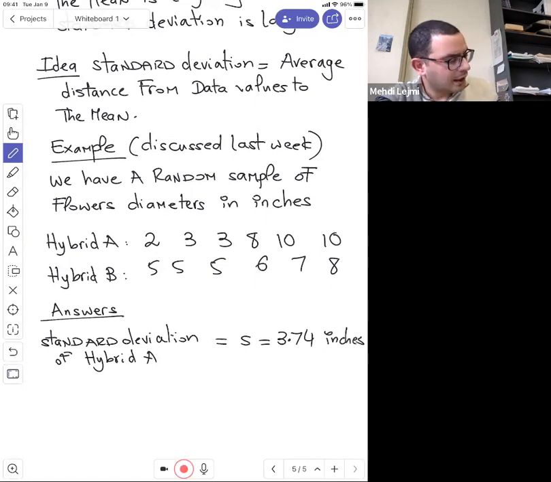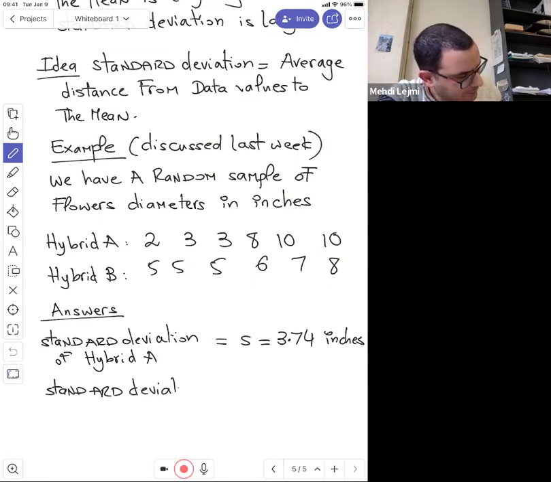And the standard deviation of hybrid B, S, is 1.26 inches.